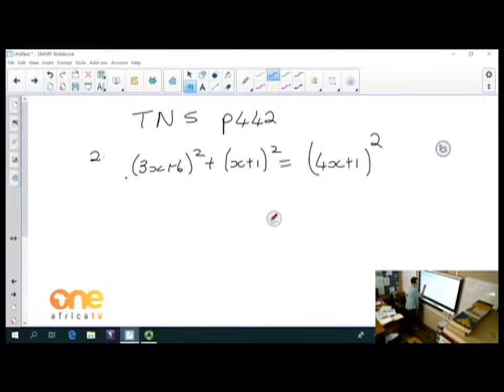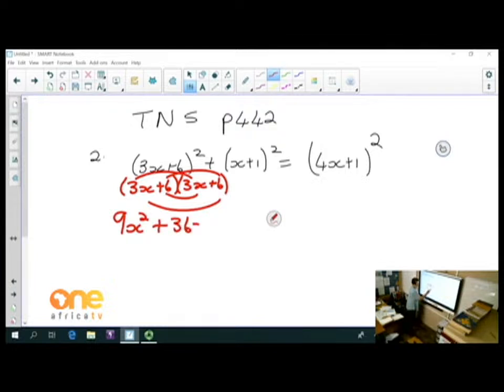Now remember what we said. This means it's 3x plus 6 times 3x plus 6. Don't be lazy to write it out, because otherwise you're going to lose your middle term every time. So now I FOIL: first, last, inner, outer. So this is then 9x squared, plus 18x plus another 18x, so it's 36x, plus 36.